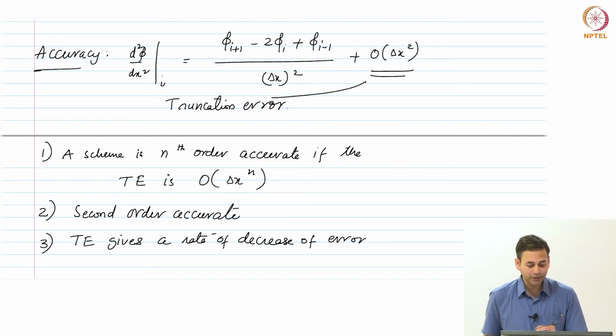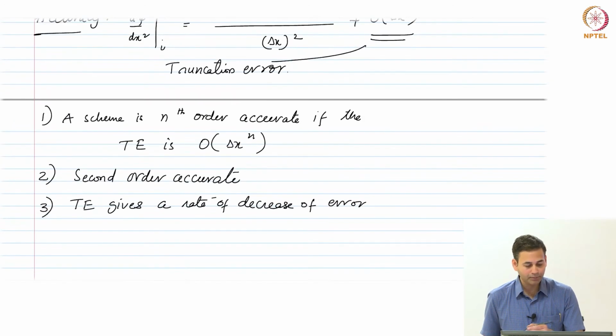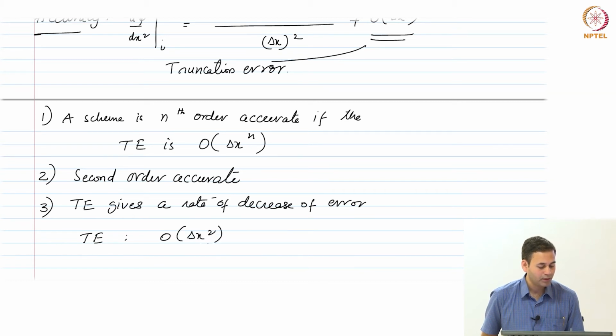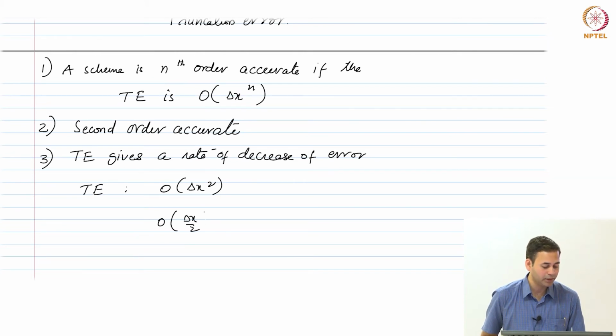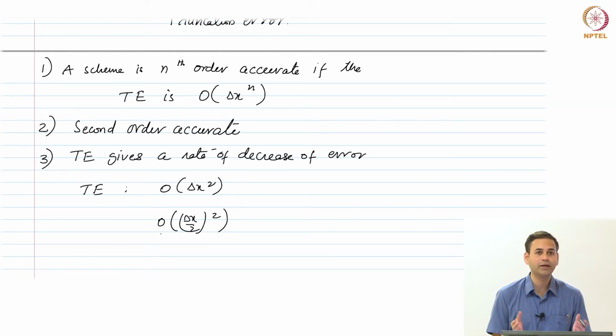So, what does that mean? That means my truncation error is of the order delta x square. Now, what will be my truncation error if all the cells in my domain are now delta x by 2? If I have 5 cells, I will make it 10 cells. That means each of my delta x is now halved. So, what will happen to the truncation error? It will decrease by 1/4.